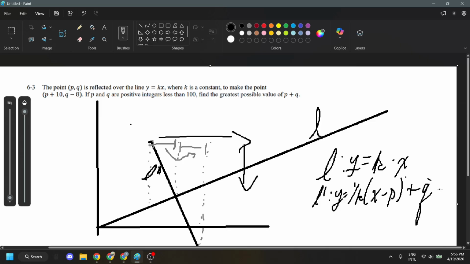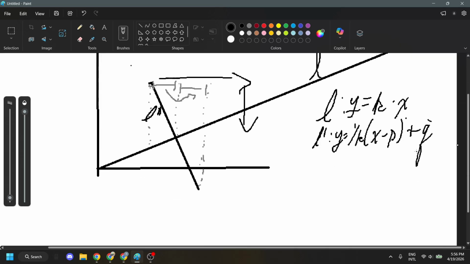This is the formula for the line. Oh no, we need to find where these are equal. So we need to find where these intersect.